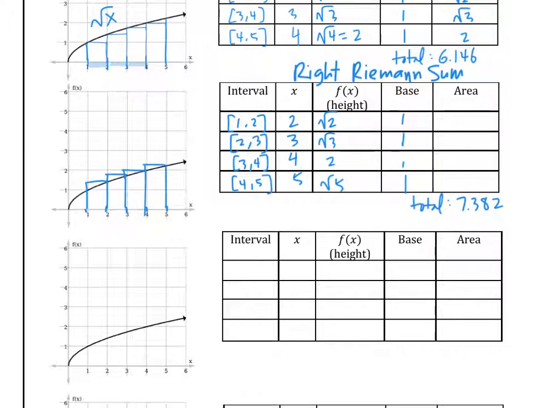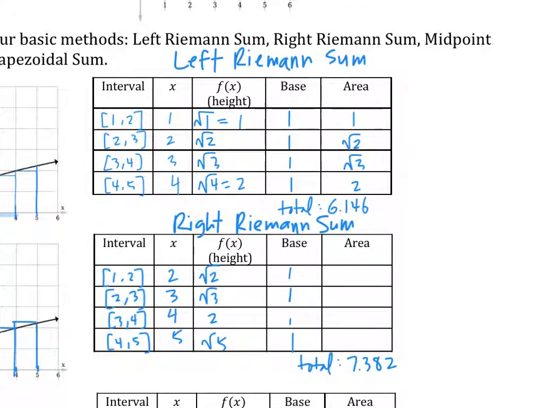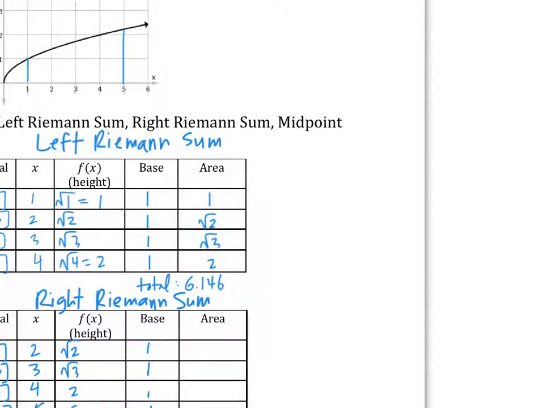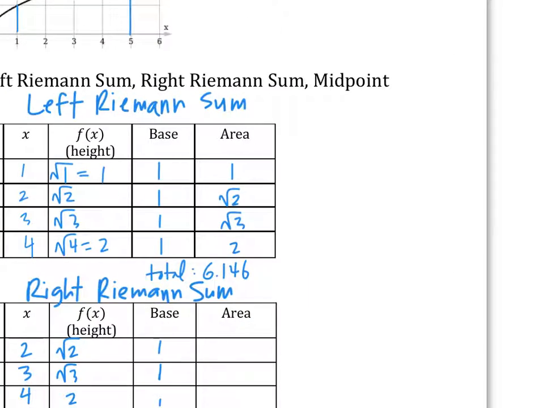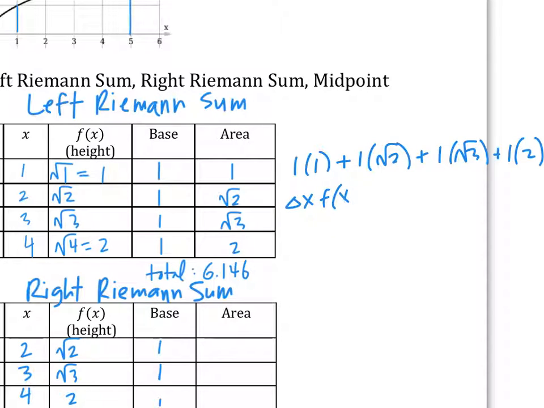Let's talk about how we can solve this a little faster without this chart. Essentially what we're doing is taking base times height plus base times height plus base times height plus base times height, right?